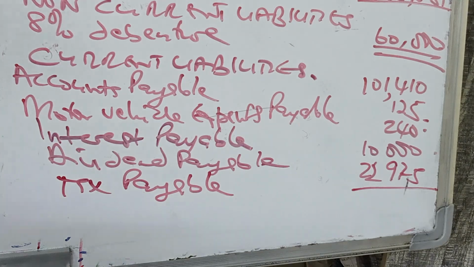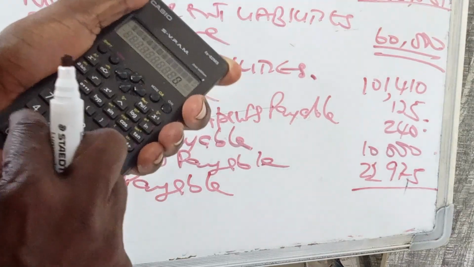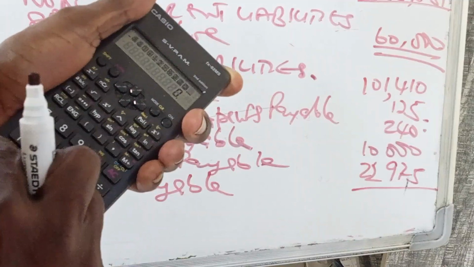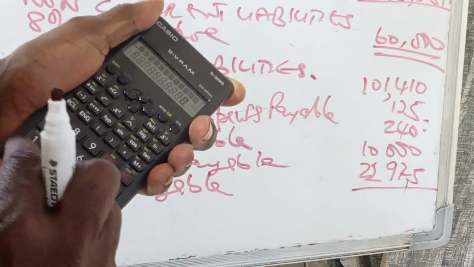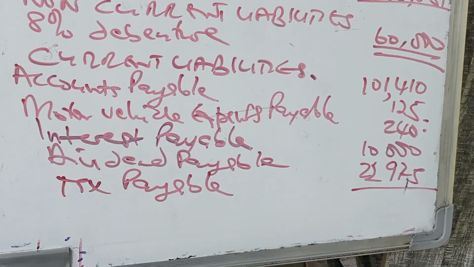So if we add them now, 101,410 plus 125 plus 240 plus 10,000 plus 22,975, we get a figure of... let me repeat again.